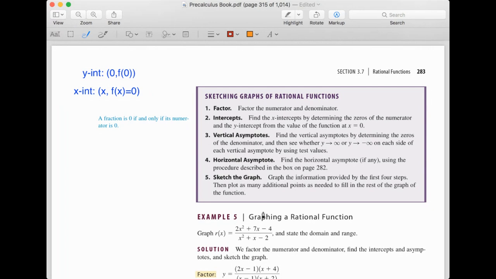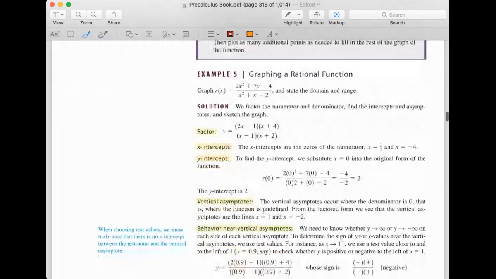All right, let's see example 5. We put the numerator and denominator into factor form. You see how important factoring skills are. Once we have this, let's solve for the x-intercepts. A fraction equals 0 only when the numerator is 0, so we set the numerator, 2x minus 1 times x plus 4, to 0.